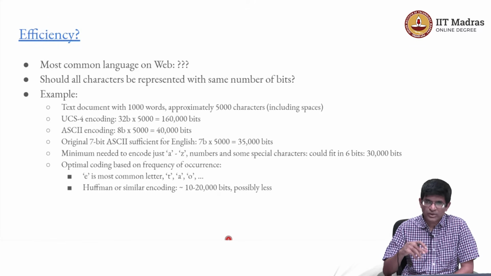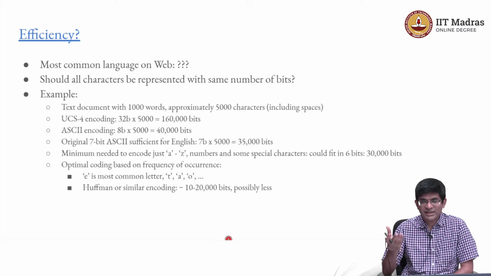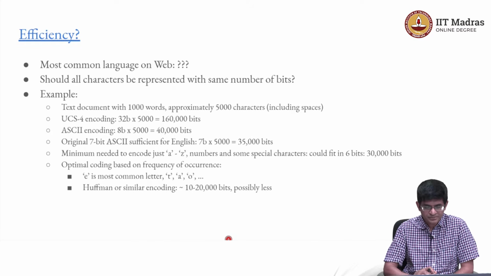The sequence of the highest frequency letters: E is the most, then T, then A, and so on. And Z, Q, J, they are at the bottom of the list. For those of you who play Scrabble, you would have noticed that the points for Z and Q and J are correspondingly higher, and they are also rare.